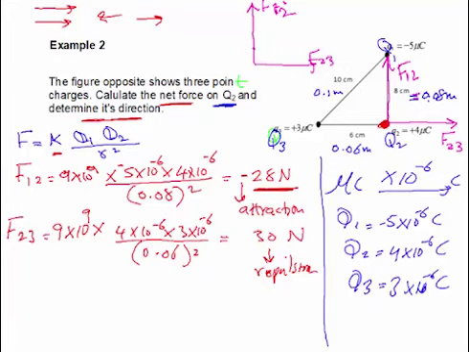So for two perpendicular vectors, how to get the net force? We have to complete or draw our parallelogram. And this is the net force. Okay, this is our net force.